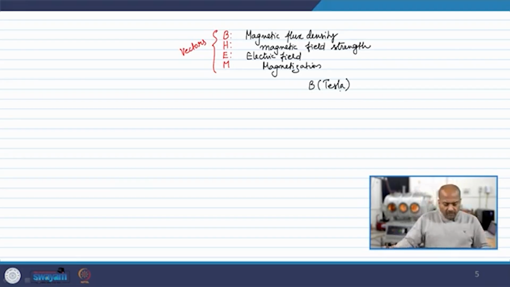Okay. So, when the magnetic field passes through a material instead of vacuum, ambiguities may arise in distinguishing which part comes from the vacuum, which part comes from the external currents, and which part is from the material itself, right. So, in order to differentiate these things, it is a general practice that in addition to B, we define another magnetic field quantity called capital H, which we call the magnetic field strength, which is B by mu, the permeability of the material that we take into account.